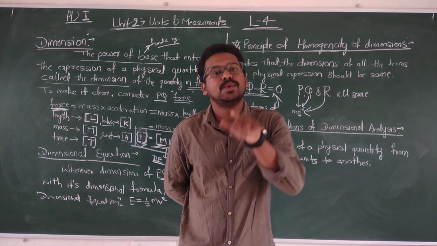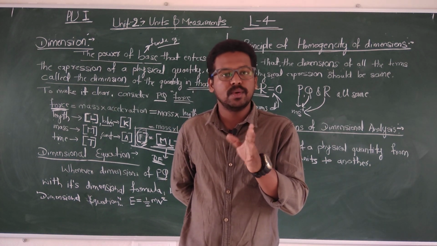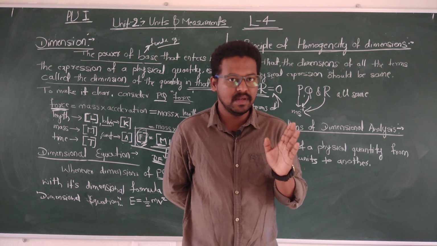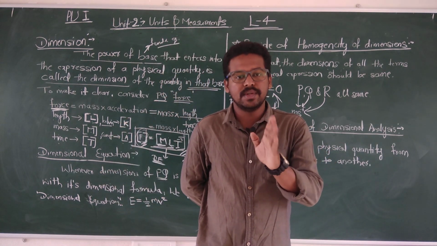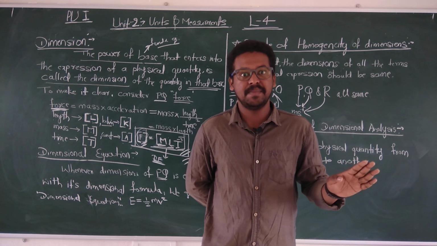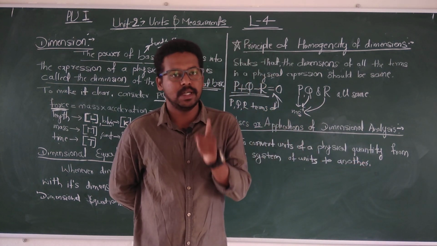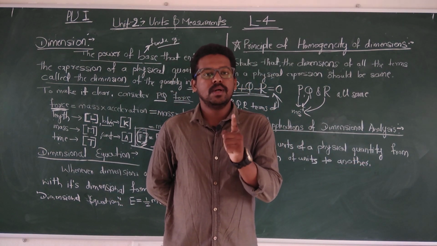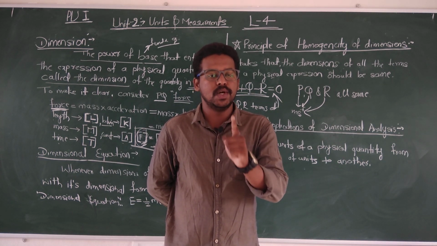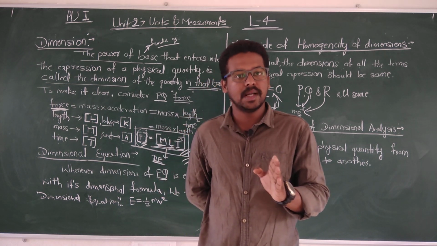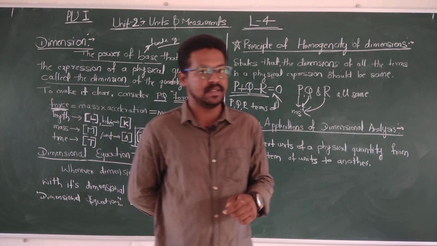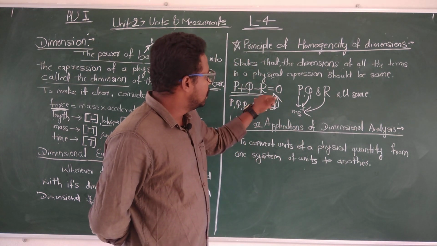So x plus x equals 2x, but x plus y is not 2x or 2y. But numbers don't have dimensions. Keep it in mind, it is a key point. So numbers or numerical values don't have units. Okay, so is it clear?